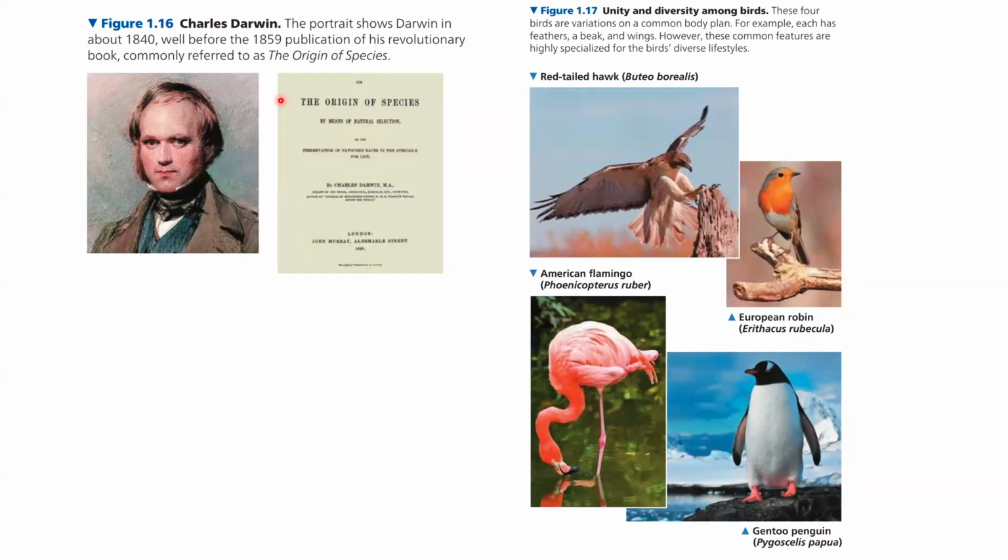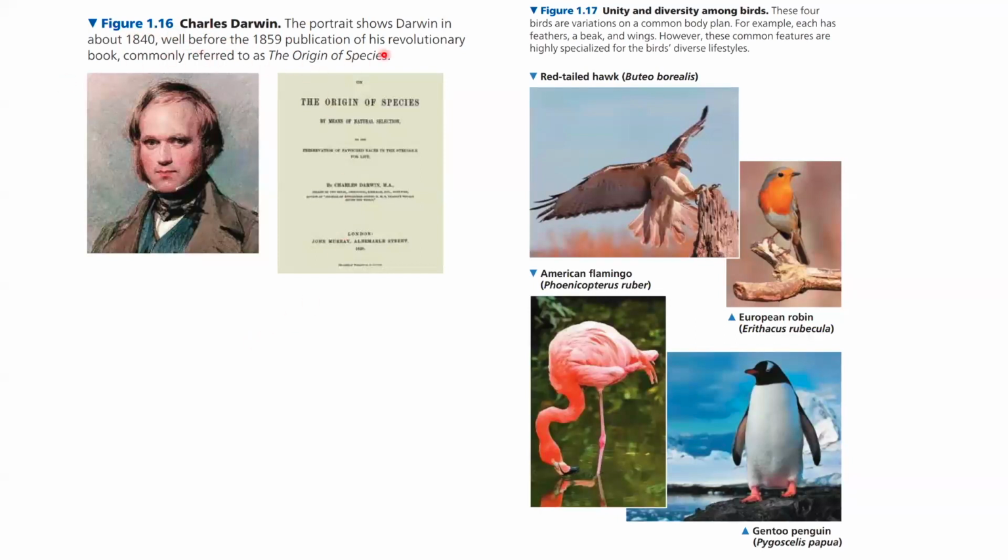What results in this unity and diversity, where you have many species of organisms, this huge diversity of life, is driven by evolution. And the founder of evolution, or who discovered the process of evolution, is shown here in figure 1.16.